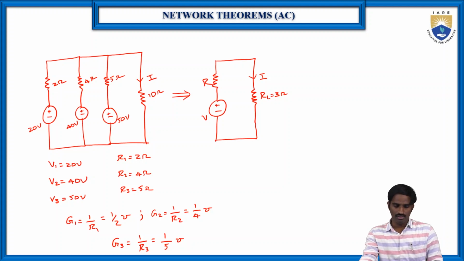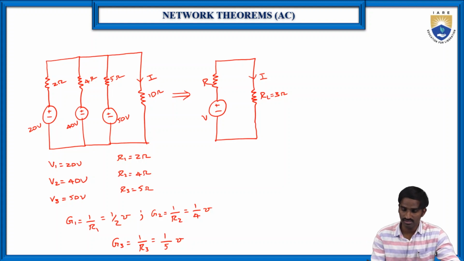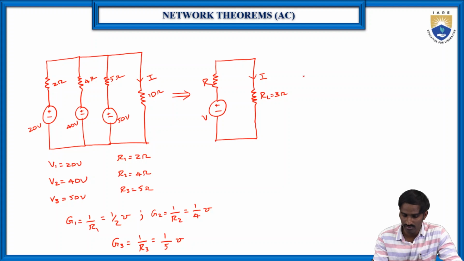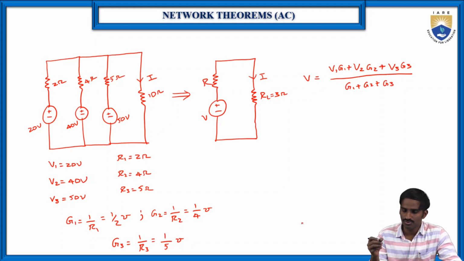The equation that we can use to find V is V equal to V1 G1 plus V2 G2 plus V3 G3, divided by G1 plus G2 plus G3. Then substitute the values.